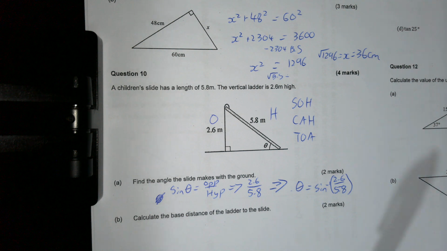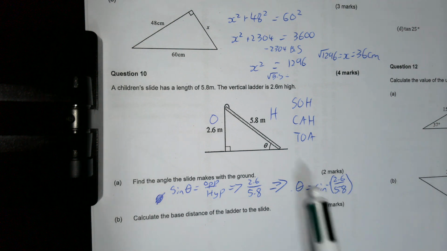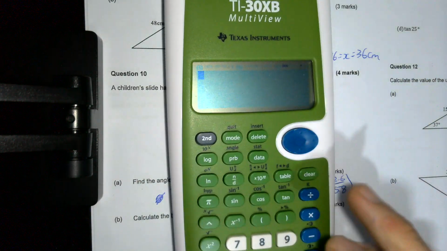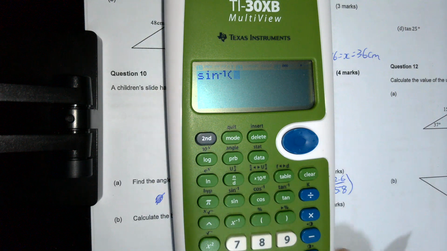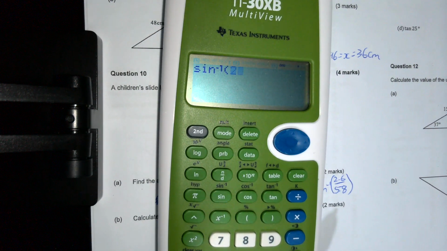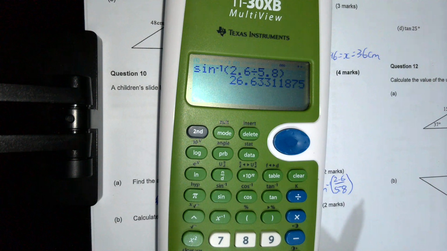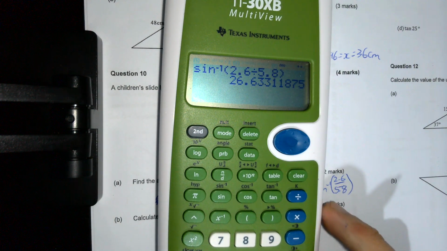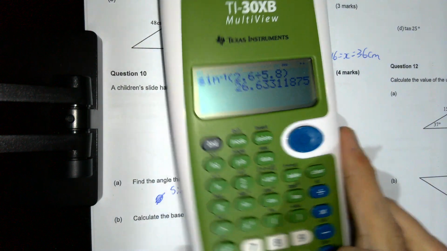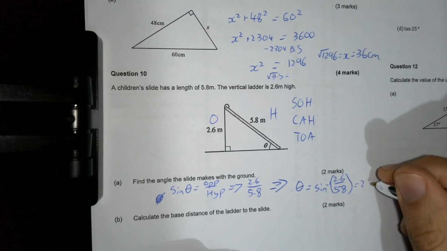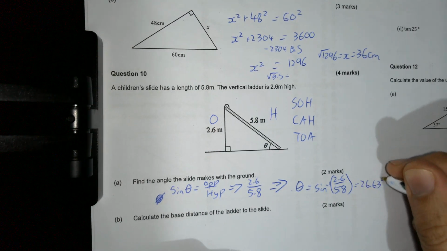Just normally using sine, cos, and tan gives you side lengths. Arcsine gives you angles. We're trying to find an angle here. I will put in my calculator, second, sine, so it gets me my arcsine. 2.6 divided by 5.8 gives me 26.63. So that's degrees. Theta is 26.63 degrees.